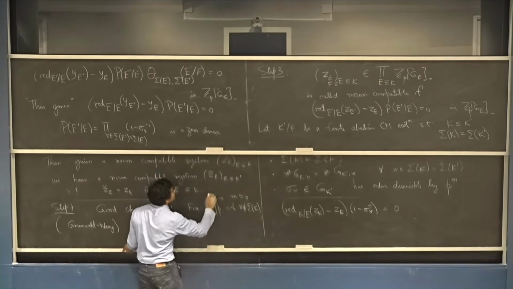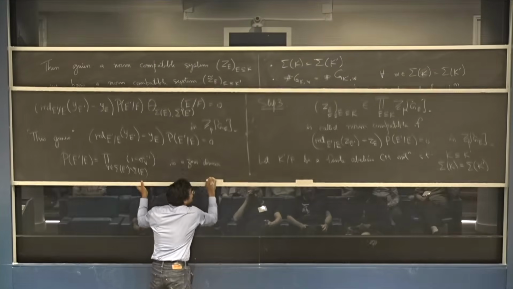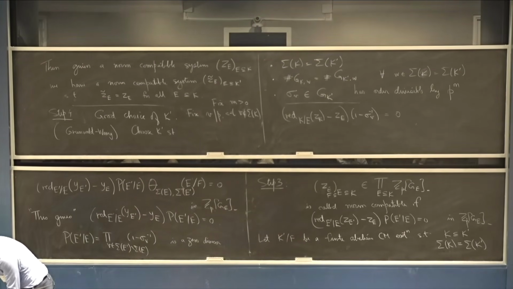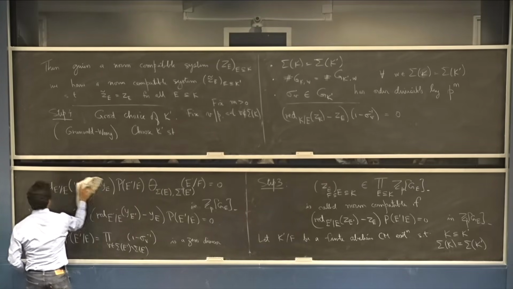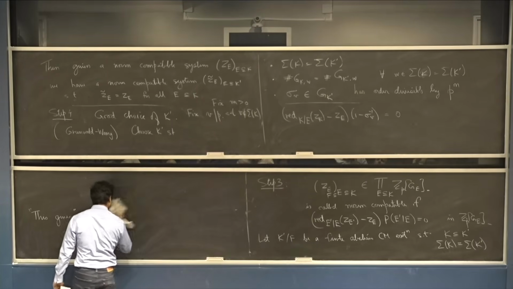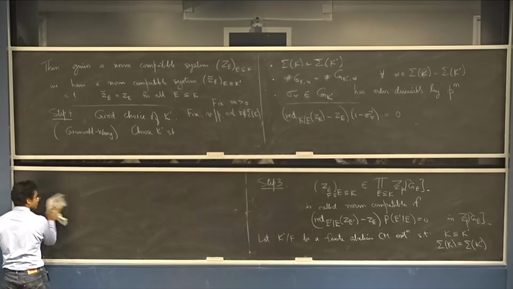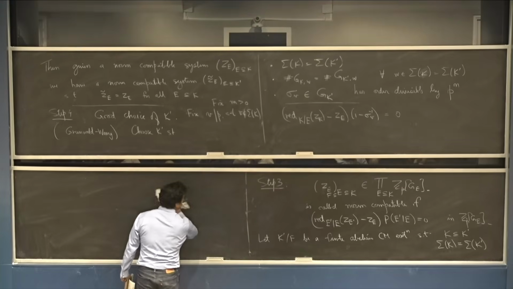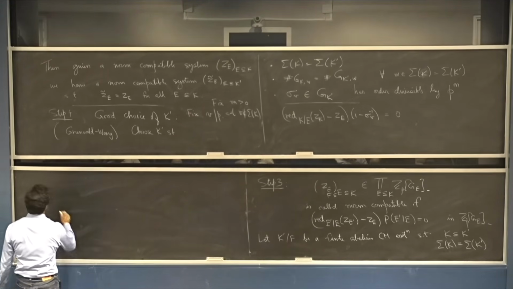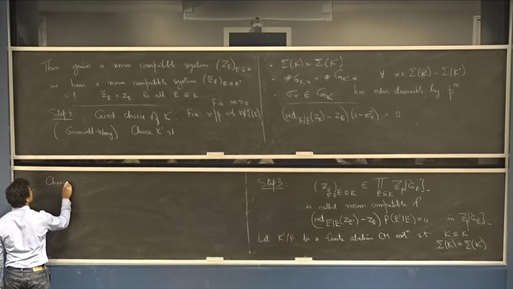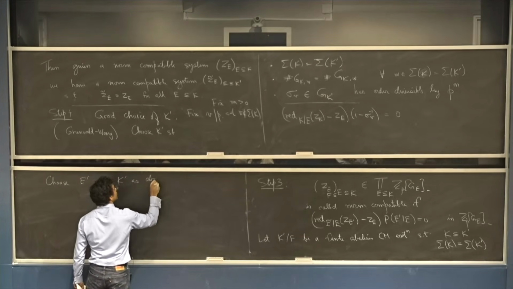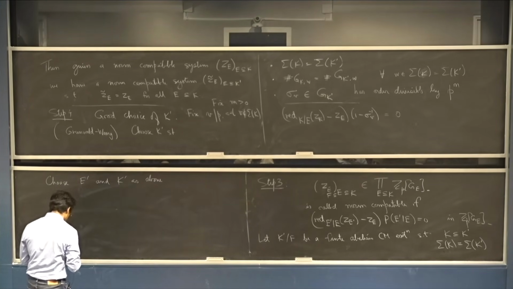Let's try that. Maybe I should have used a different notation there. Okay, so choose E prime and K prime as above, given by this Grunwald-Wang theorem.